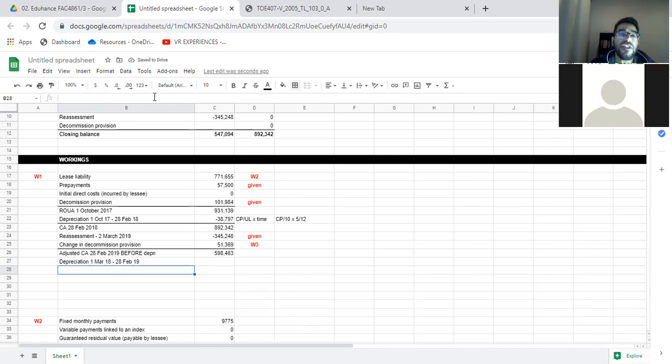But because it's a change in estimate, we say carrying amount divided by remaining useful life. The remaining useful life is 2 years. The carrying amount is the carrying amount before depreciation. So it is basically 598 divided by 2.